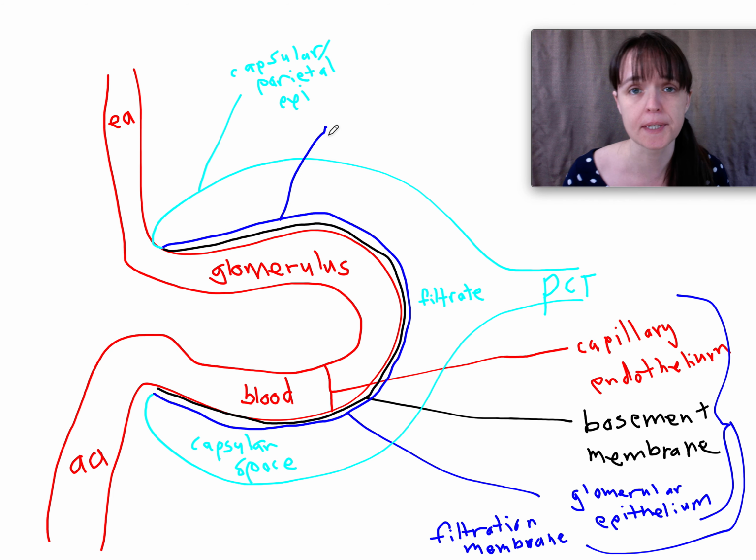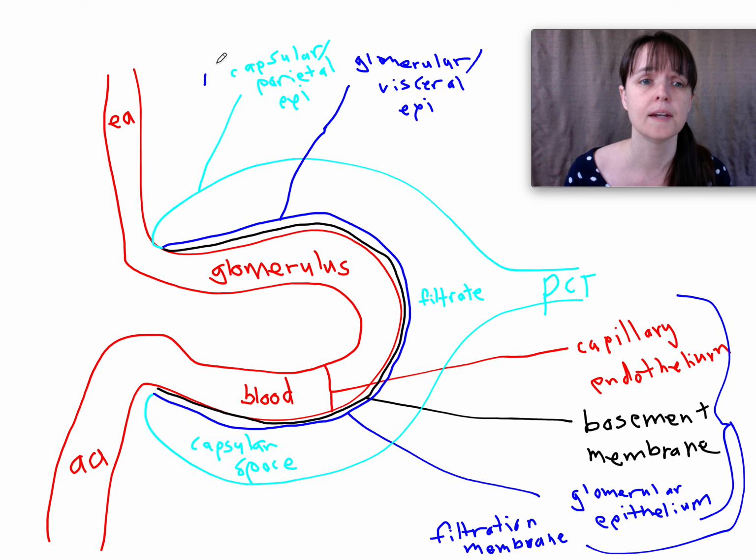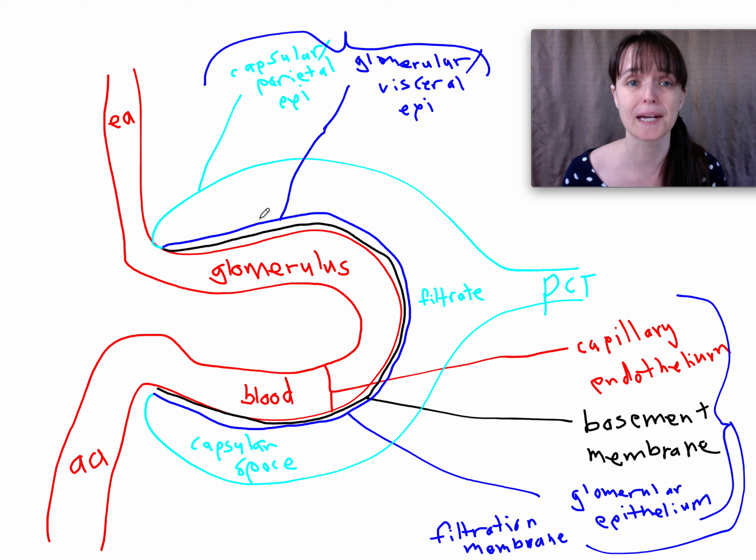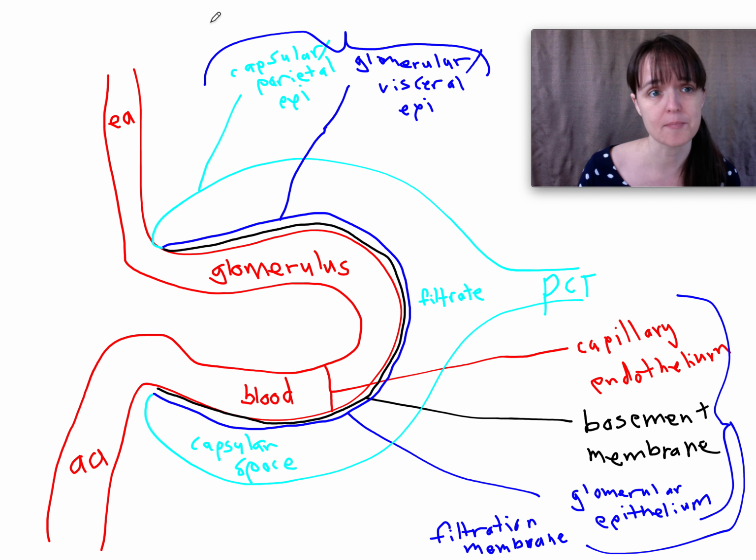So I told you we would need this term twice. This is the glomerular, such a weird word, which is also called the visceral. I kind of like that one better because it's touchy. Epithelium. Now, these two together, these two layers, are your Bowman's capsule.